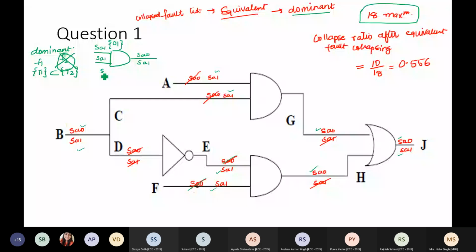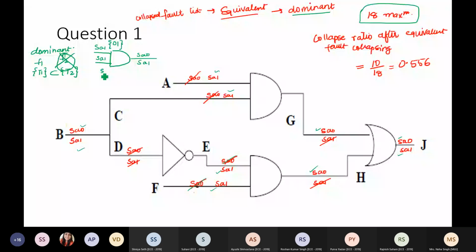So if I look at these test vectors now, the test vector 0 1 is a subset of this. So I can say all the test vectors which are required to test this stuck at 1 fault can detect this fault as well. Therefore, I eliminate this fault. Similarly here, test pattern 1 0 is a subset of this test pattern, right?